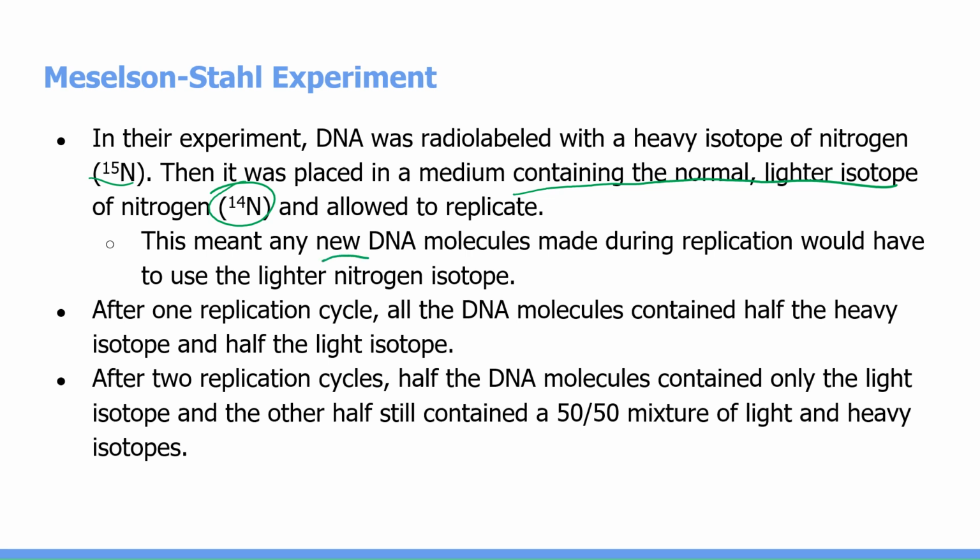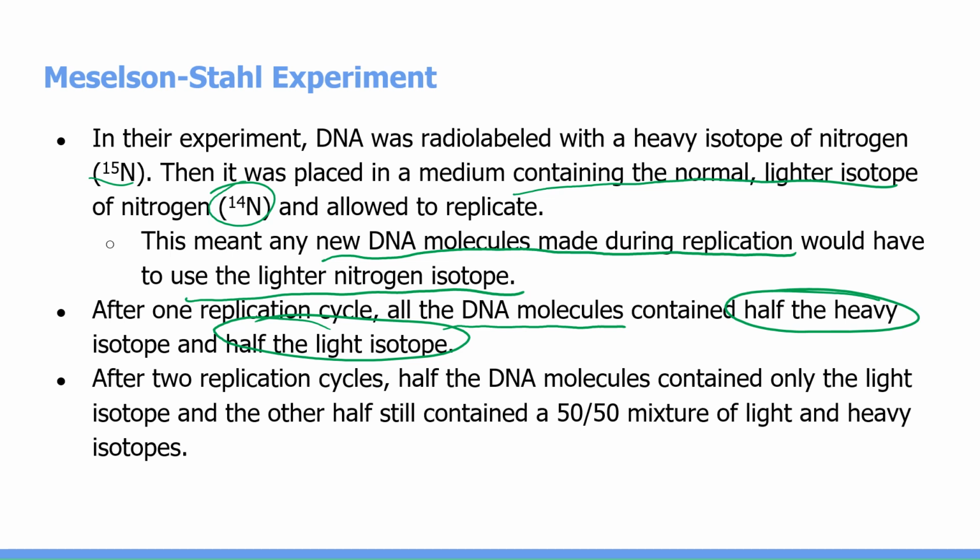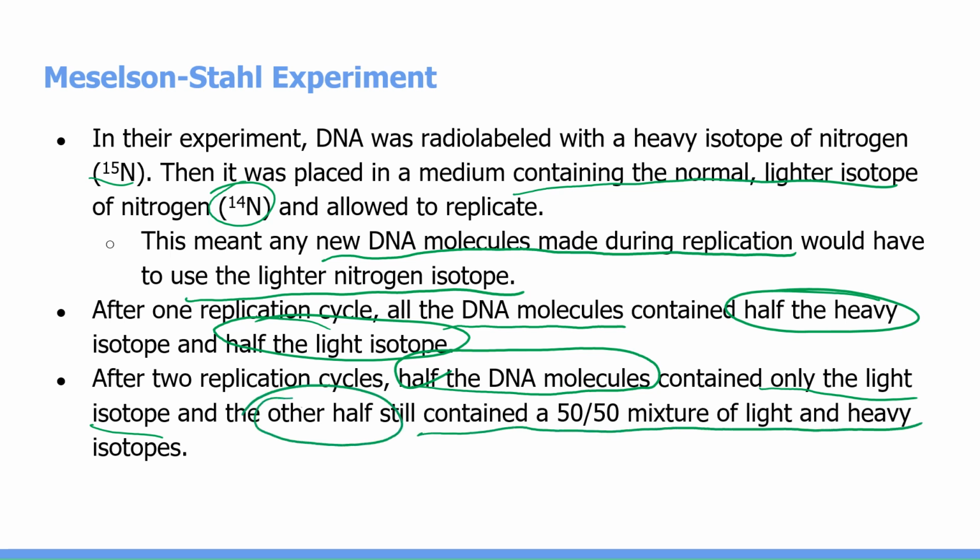The new DNA molecules made during this replication would use the lighter nitrogen isotope. After one replication cycle, the DNA molecules contain half heavy and half light isotope. This supports the semi-conservative model. After the second replication, half the DNA molecules contain only the light isotope, whereas the other half still contain the mixture of 50% light, 50% heavy isotope.